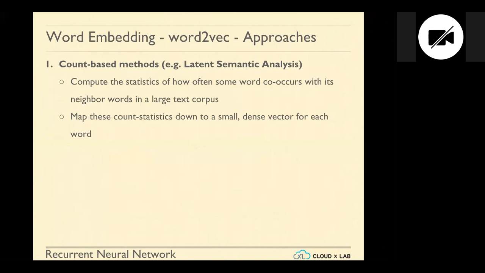That was count-based methods, or we call them latent semantic analysis. All right. So all we do is we just count how often the word coexists with others, and based on that, convert these count statistics to some vector.